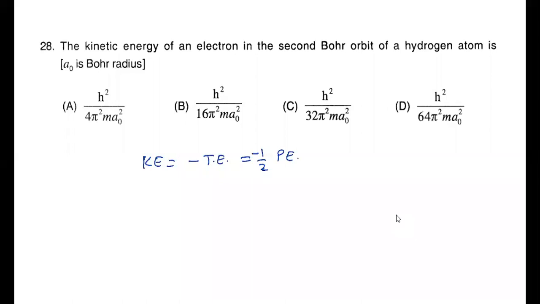And we all know the electrostatic potential energy is minus 1 upon 4 pi epsilon naught Q1 Q2 by R. So for the hydrogen atom, it is Z E square by R.